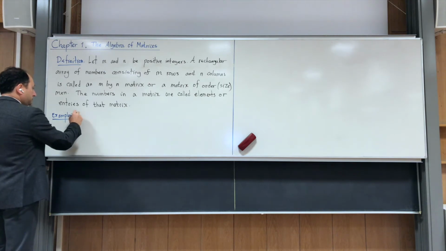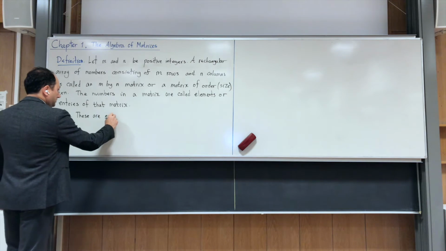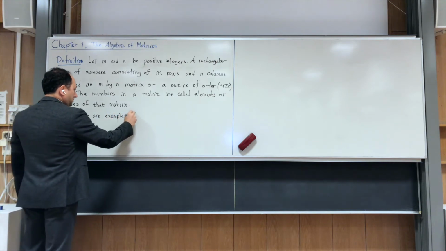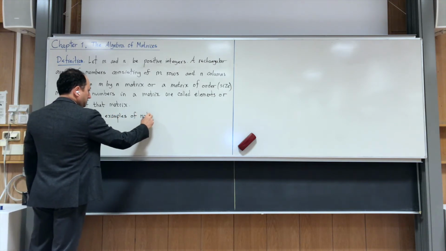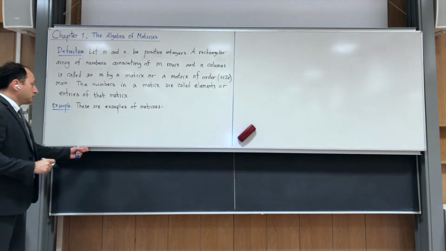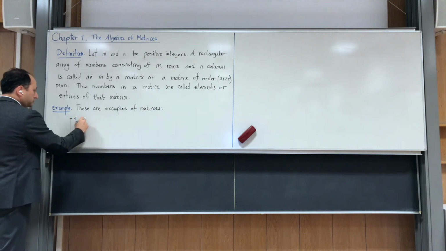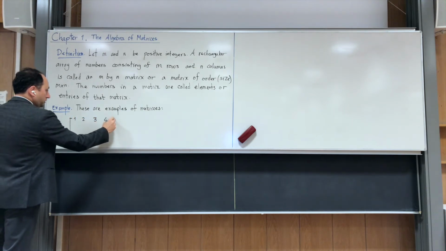These are examples of matrices. So for example, I can have this rectangular array 1, 2, 3, 4, 5.